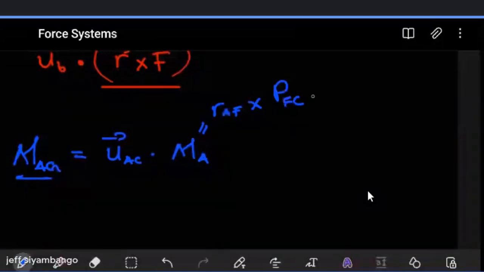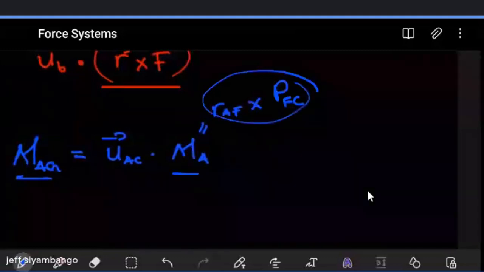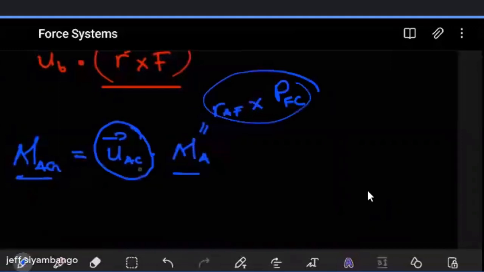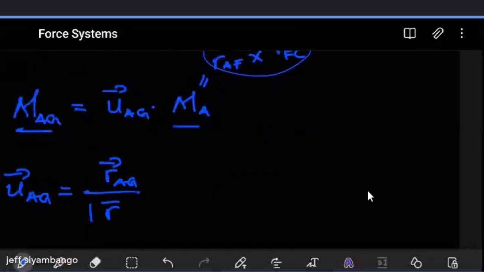This is what gave us the moment about the point A. So all we need again is a unit vector from A to G, the diagonal we are looking for. This is not AC, this is AG. To get this unit vector, we need the displacement vector that runs from A to G divided by its magnitude.